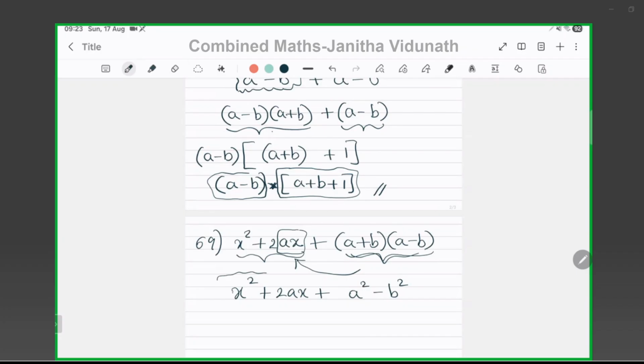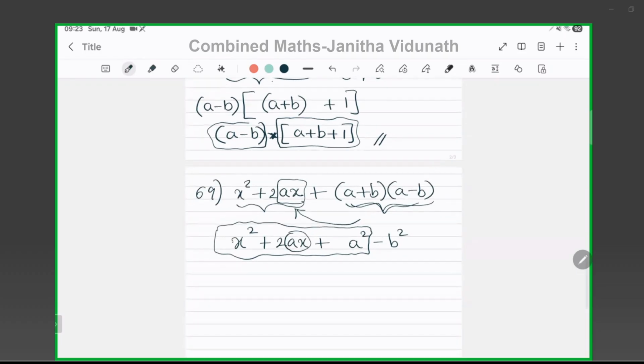Then we consider this as one group because here a and x are in a single term. Then here we have the square of the x term, and here we have the square of the a term.